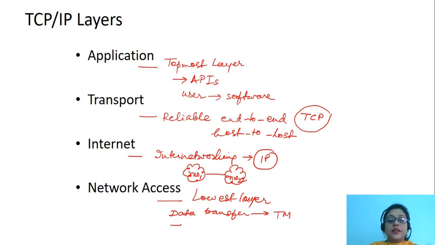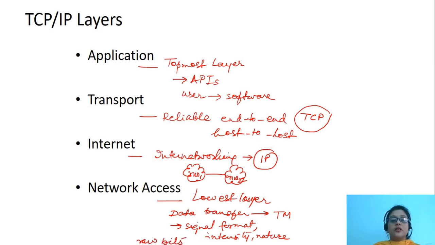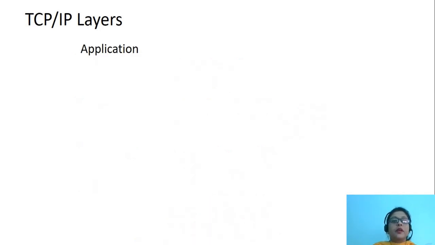This basically takes care of the signal format, intensity, nature, etc. Mainly raw bits are transferred through this layer to the transmission medium.